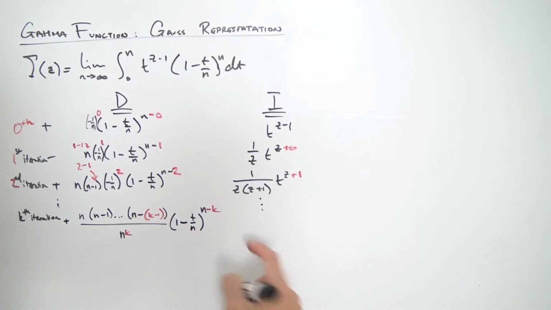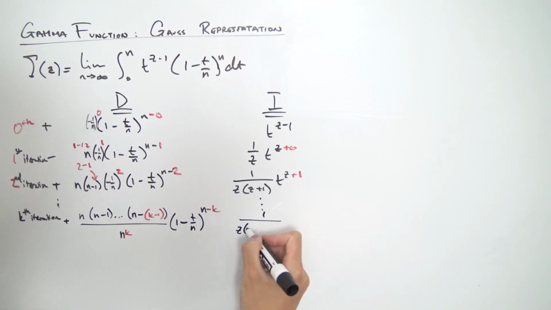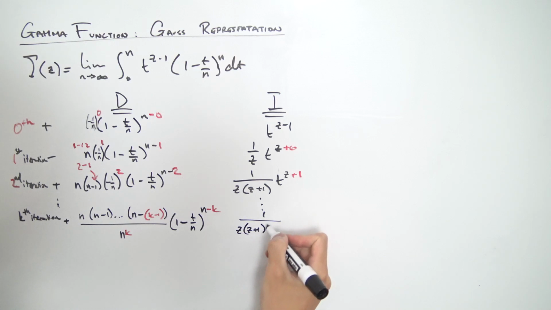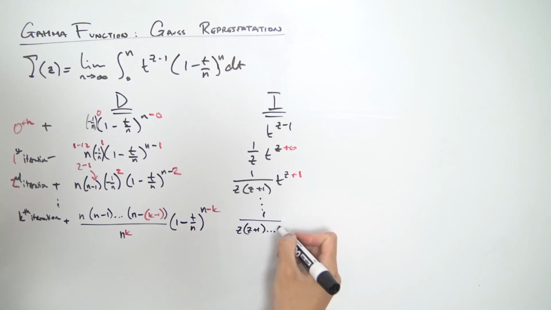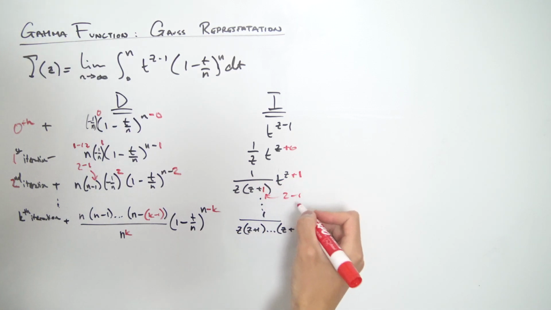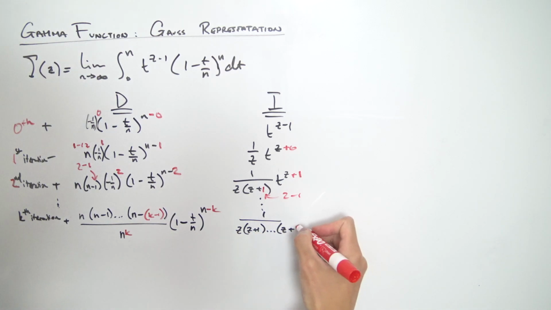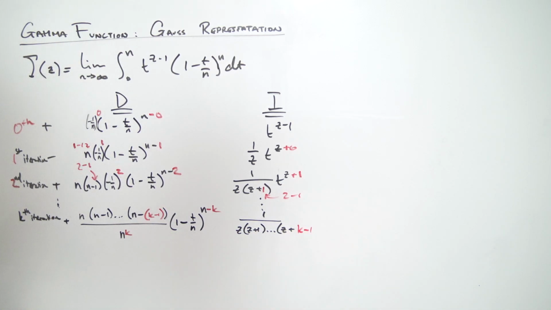So we can kind of generalize this on the kth iteration. We have 1 over z plus 1, and then dot dot dot, all the way up until z plus, I guess I'll just highlight this in red, so this is basically 2 minus 1. So over here we should stop at k minus 1, so z plus k minus 1, like so.